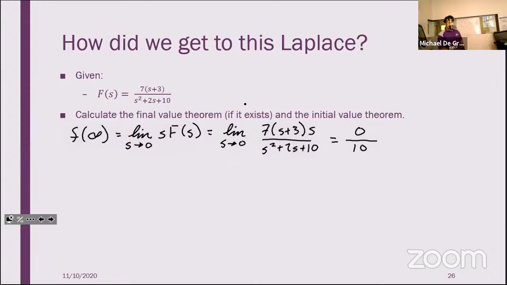Everybody cool with how I got that? If s approaches 0, the top terms go away because we've multiplied everything by an s, and the only thing that sticks around on the bottom is the 10. So guess what? That's our steady state value, 0. We're going to hit 0 at steady state.